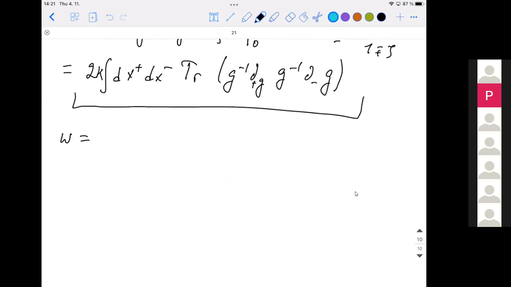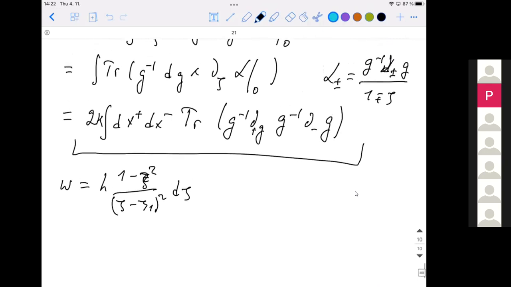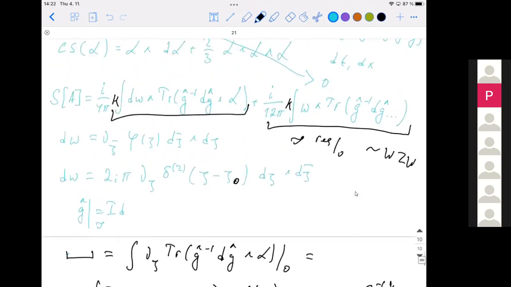So here, if you take this and zeta minus delta dz, this will produce this non-vanishing residue at 0.